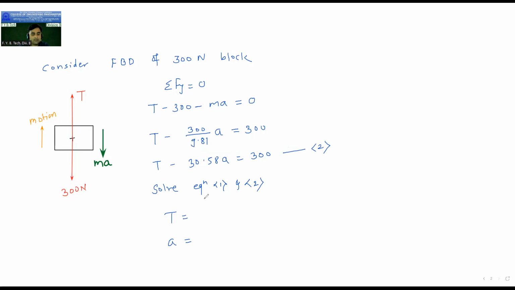Here, whatever answers I am having, I will write those answers. Please check. 360 Newton and acceleration is 1.96 meter per second square. These are the answers. Now it is matching answers.